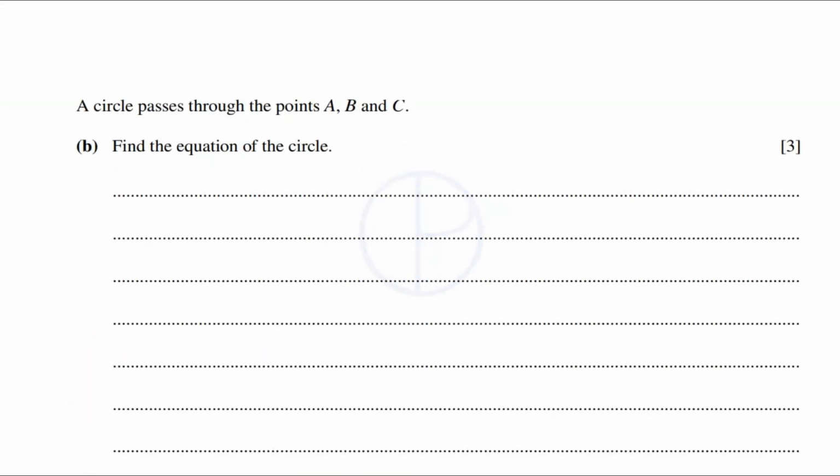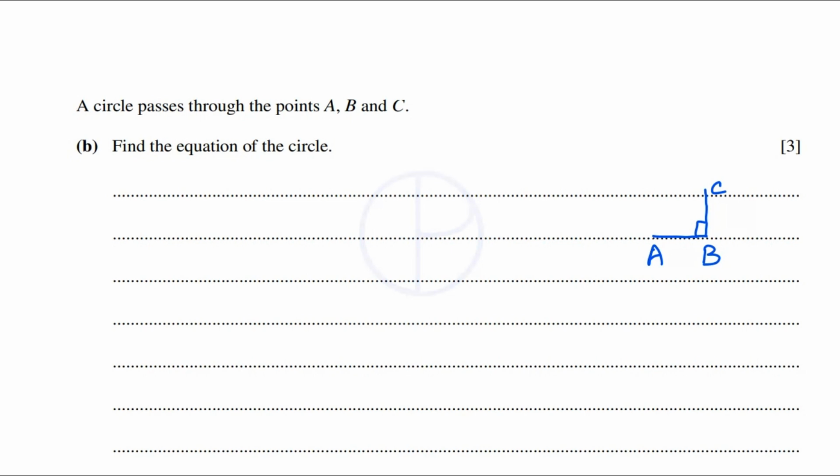The next part of the question: a circle passes through the points A, B and C. Find the equation of the circle. A, B, C are the points which lie on the circle. Okay. It is given that AB is perpendicular to BC. This is AB. Then this is perpendicular to BC. Okay. So the angle at B is 90.